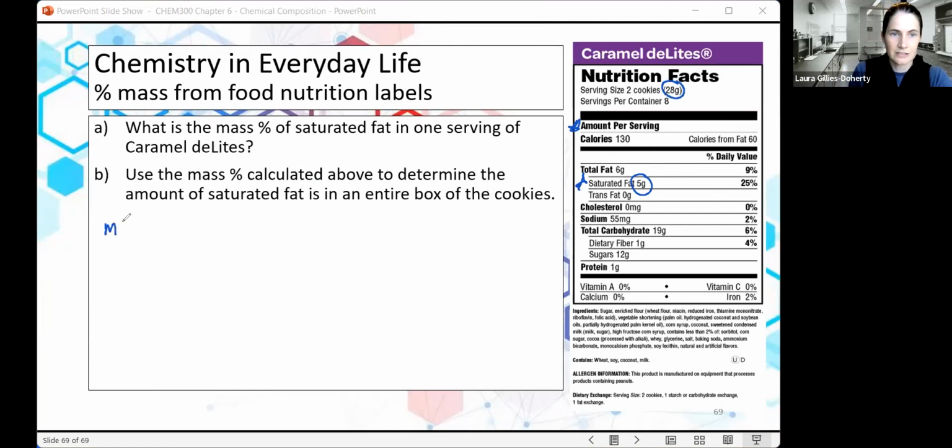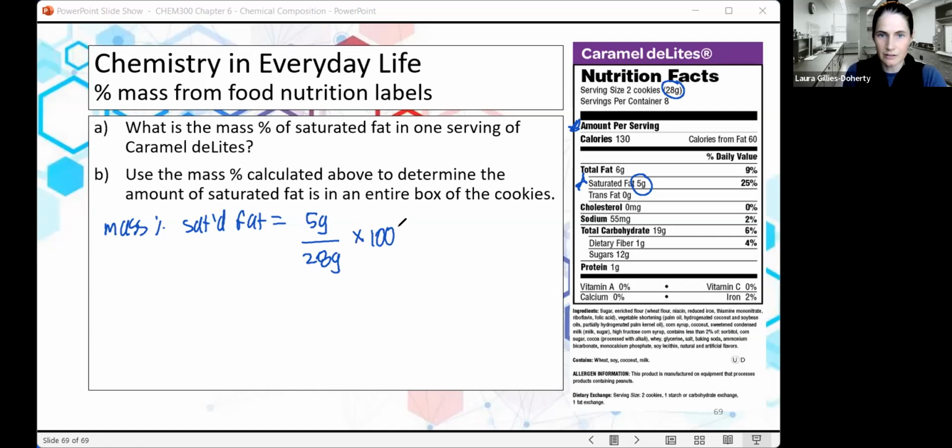So my mass percent of saturated fat equals 5 grams of fat for every 28 grams of cookies if I'm doing it per serving, times 100.